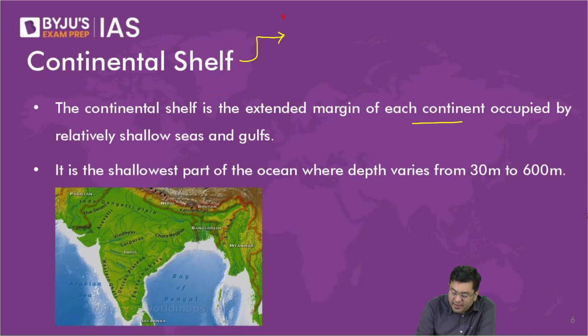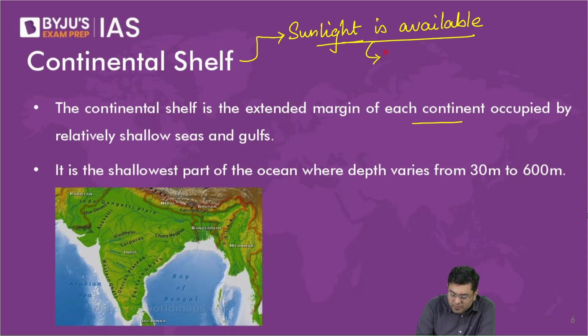Okay. Now, coming back to the continental shelf, it is an extended margin of each continent occupied by the relatively shallow seas and gulfs. So here in the shelf, sunlight is available. Now, if the sunlight is available, that means what?